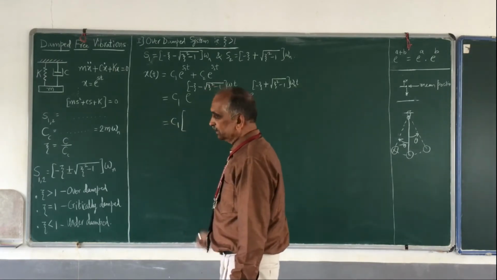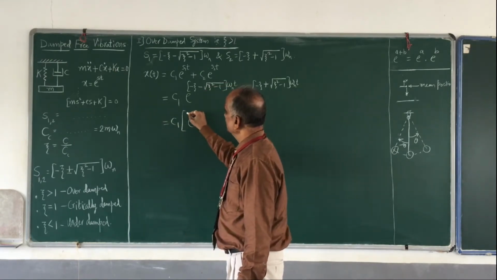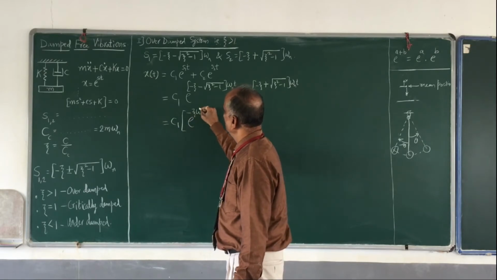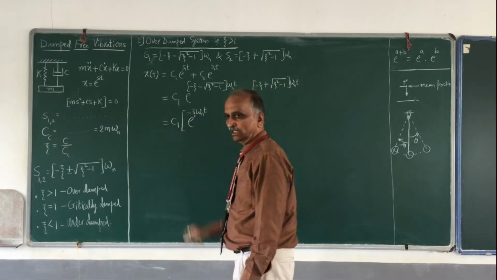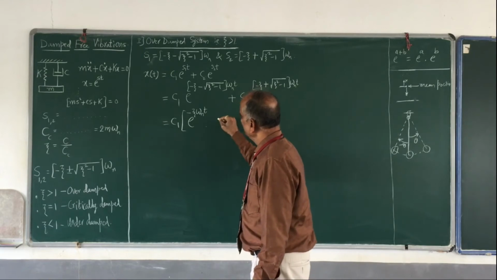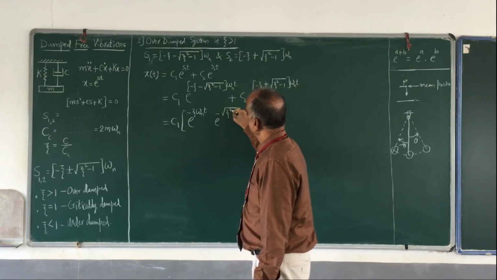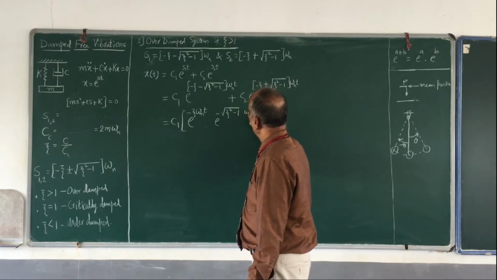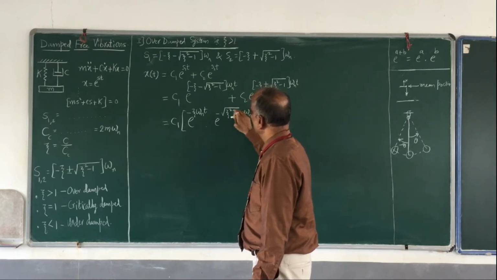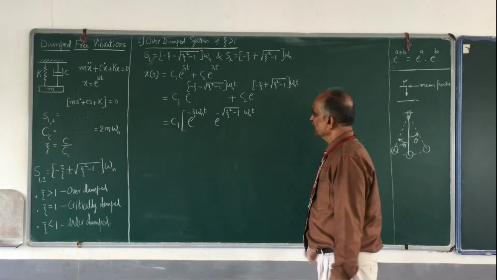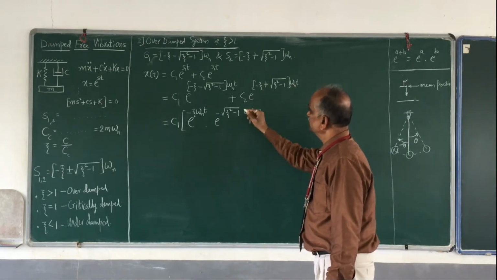The same thing I would like to do in one stroke. C1 into e raised to minus zeta omega n t, multiplied by e raised to minus root of zeta square minus 1 into omega n t. These are not within the square root sign. This is the first term.